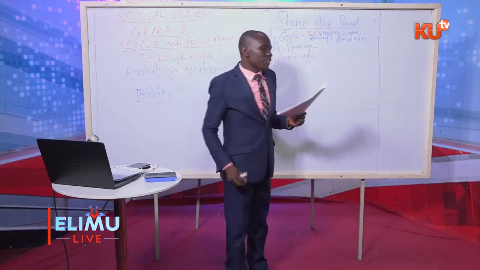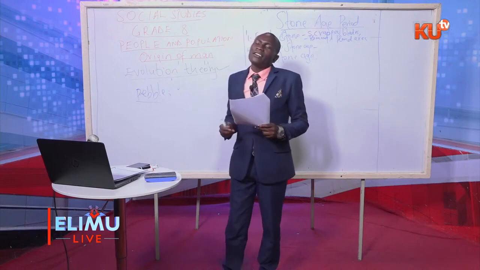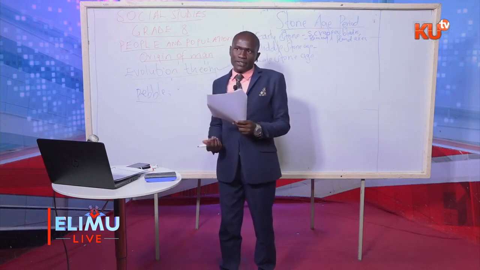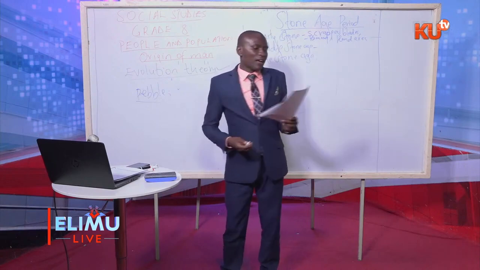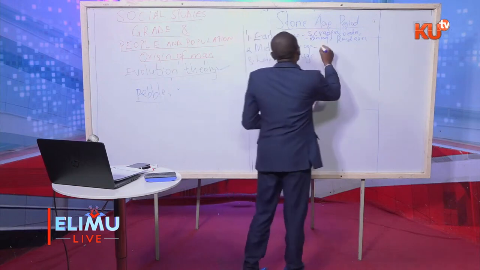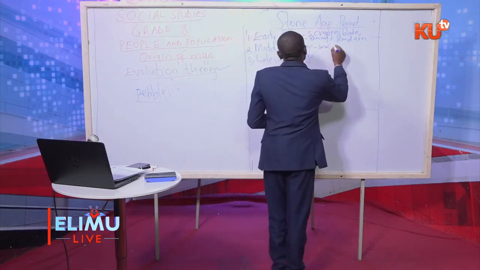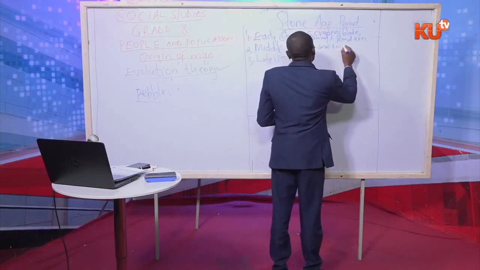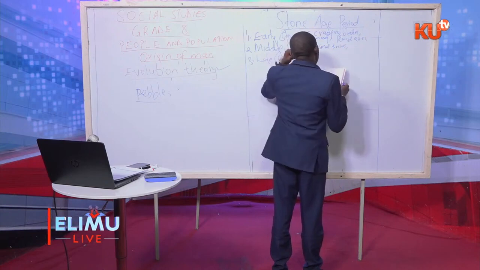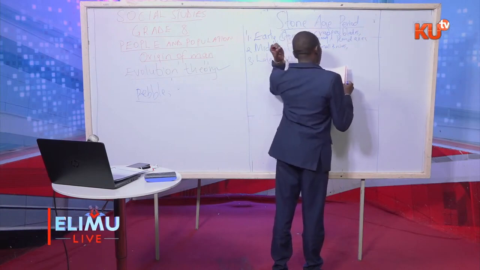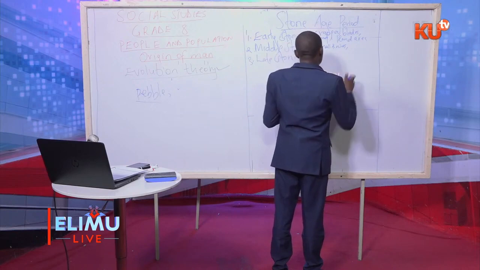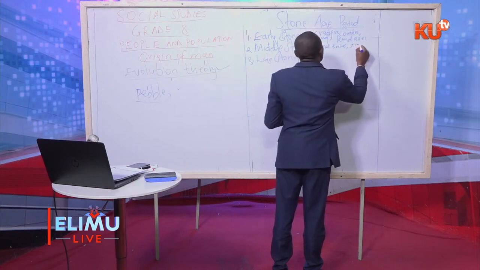Then the second one is called the Middle Stone Age. In this stage, still human beings made tools, and these tools are: one, they made small knives. We also have scrapers.